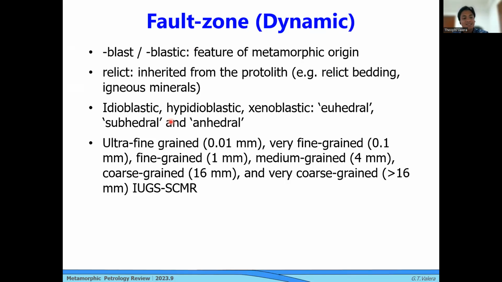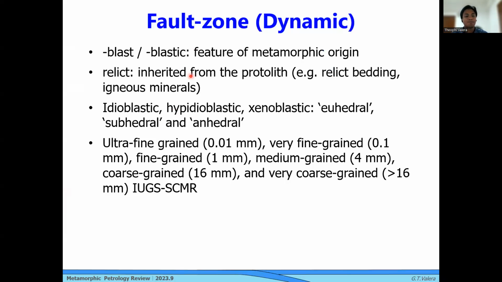Kapag for example, clastic naman, or porphyroclast or porphyroclastic texture, you have an old material that's been deformed or ground up so that yung surrounding matrix has the same composition actually as the coarser material. So yun yung difference, di ba, between blast or blastic, tsaka clast or clastic.